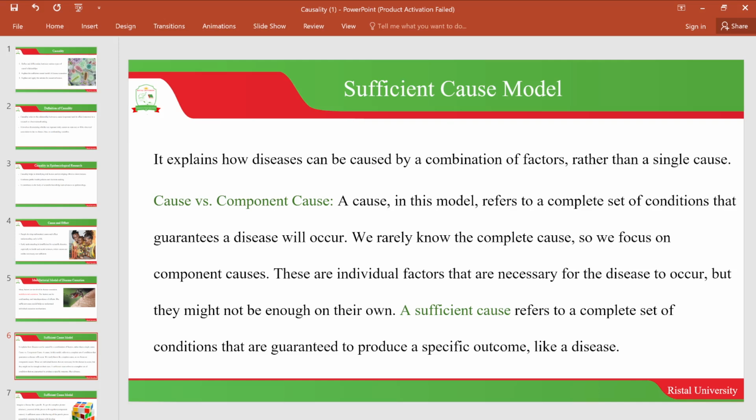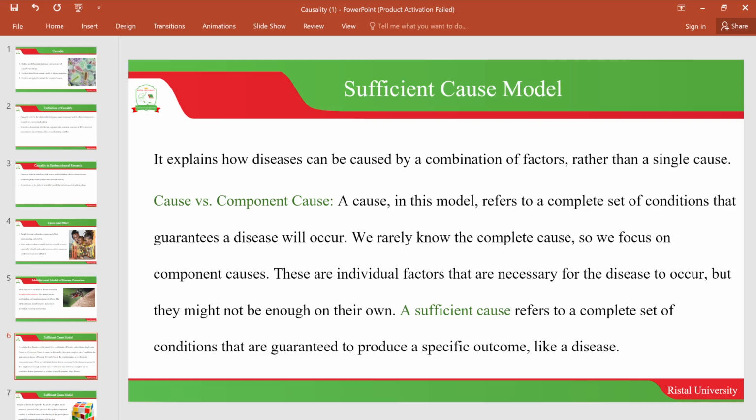Though I'm actually using the word disease, in epidemiology the word disease actually covers a number of things. We can use the word disease, or we can use the word health-related events or health outcomes. So the word disease is used more broadly in public health and epidemiology.